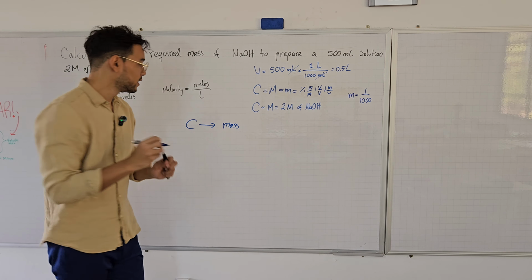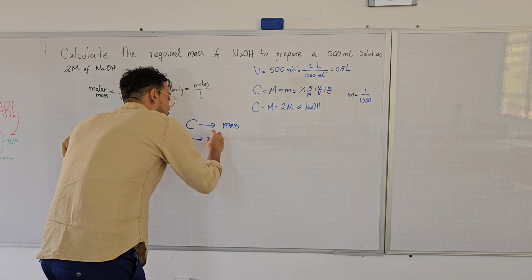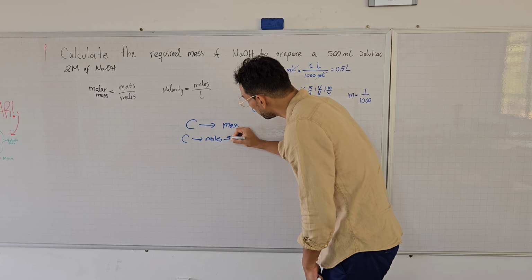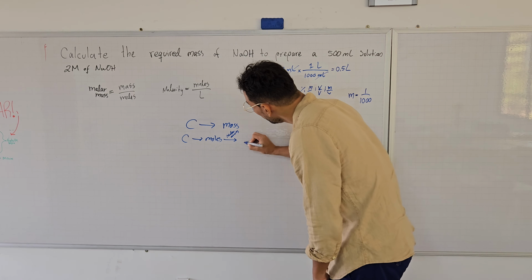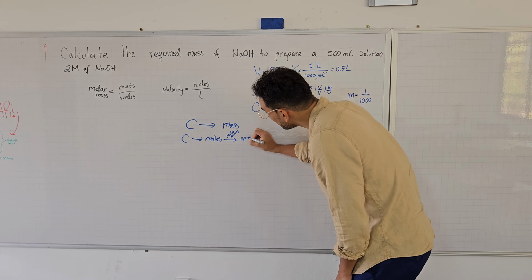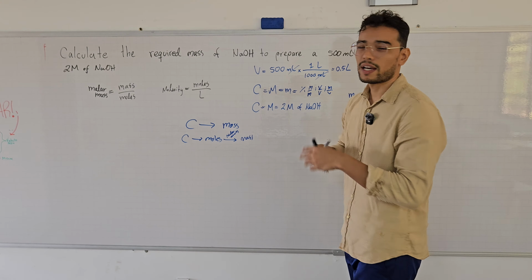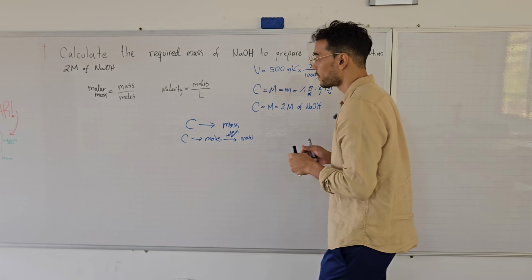What we can do is use concentration to find the number of moles, and with the number of moles, using the molar mass, we will be able to find the mass required. So we have to take a little turn sometimes, but that is the easiest way.